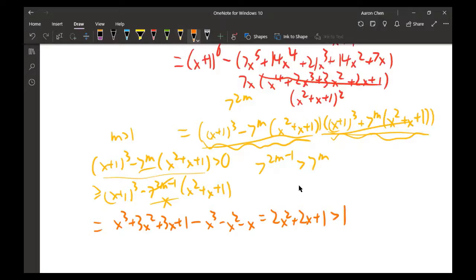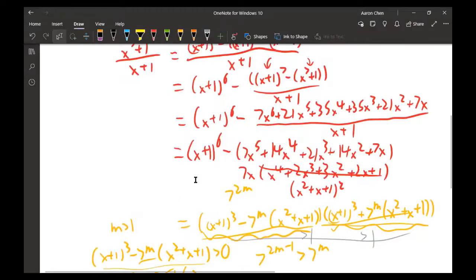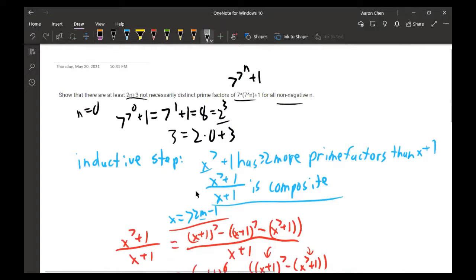And so clearly this is greater than 1. And so that means that both of these terms are greater than 1. And so that shows that this statement is true. There are always at least 2n plus 3 not necessarily distinct prime factors of 7 to the power of 7 to the power of n plus 1 for all non-negative n.